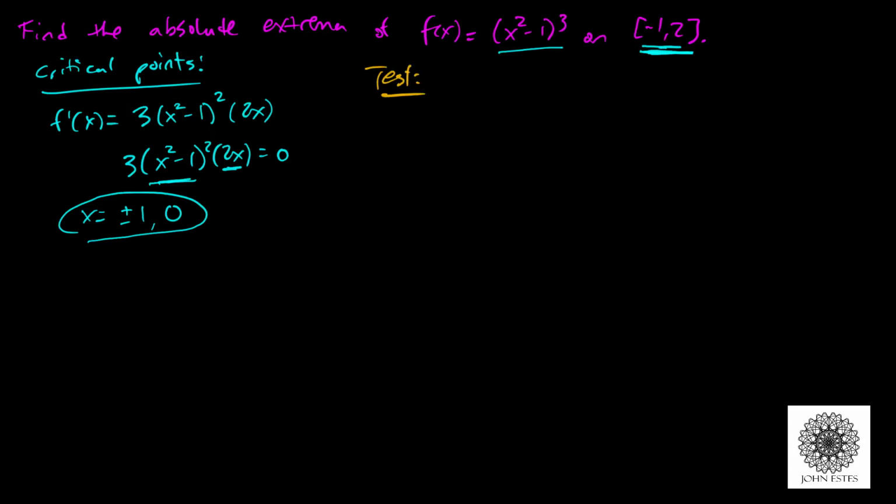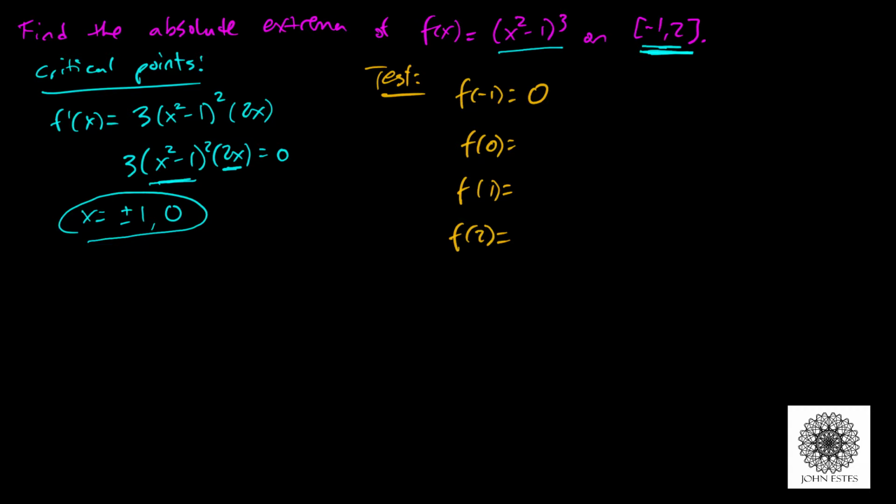Since I know that these are the only possibilities for absolute min and max, I just need to figure out which one of these is the highest and which one's the lowest. So I'm going to plug in f of -1, f of 0, f of 1, and f of 2, and see what they are. Okay, so you can work the arithmetic out here. If I plug in -1, I get -1 squared, which is +1 minus 1. That's 0.